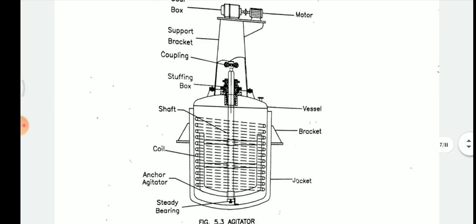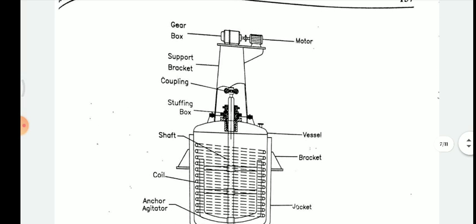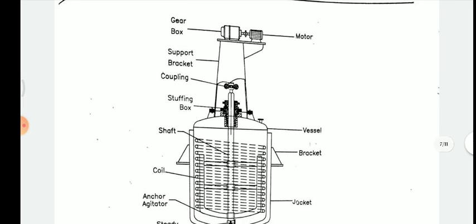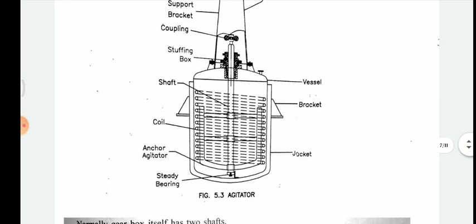At the top of the order, there is an electric motor. It is connected with a gearbox, which is attached to the shaft of the vessel and the paddle agitators. In the agitators, paddles or anchor agitators are used.